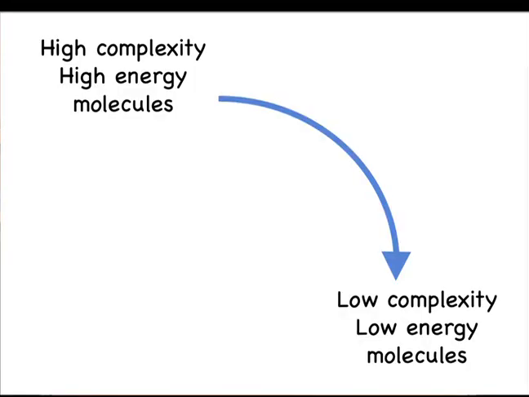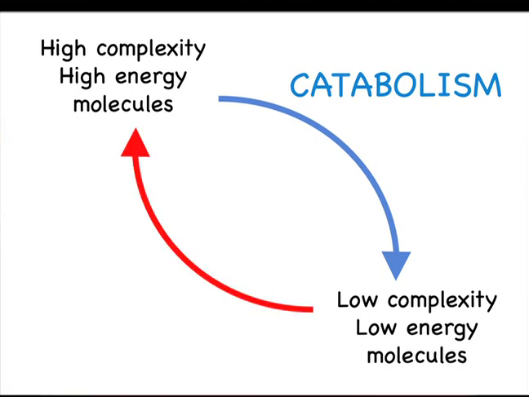We take in high complexity, high energy molecules like proteins and complex carbohydrates, and we break them down into simpler, low complexity, low energy molecules like, for example, amino acids and simple sugars and even eventually carbon dioxide. And we collectively call these breakdown reactions catabolism. But we also use these lower complexity, lower energy molecules to assemble back into complex molecules again.